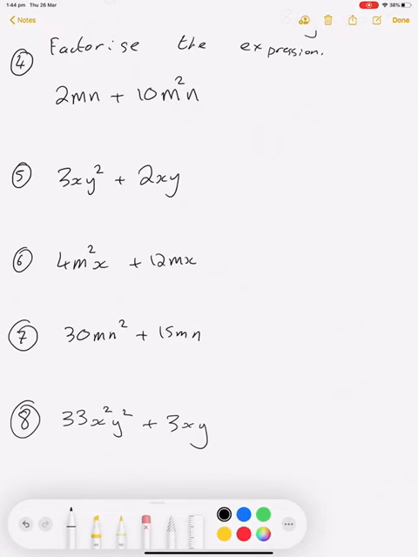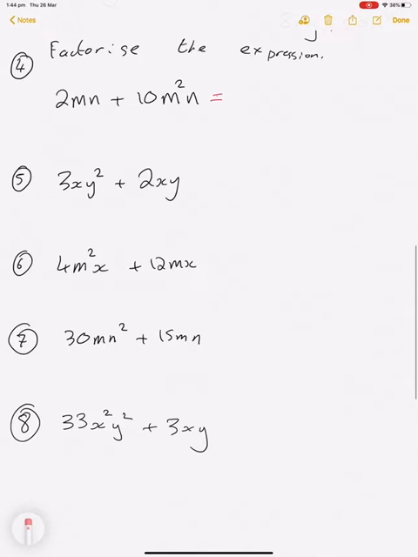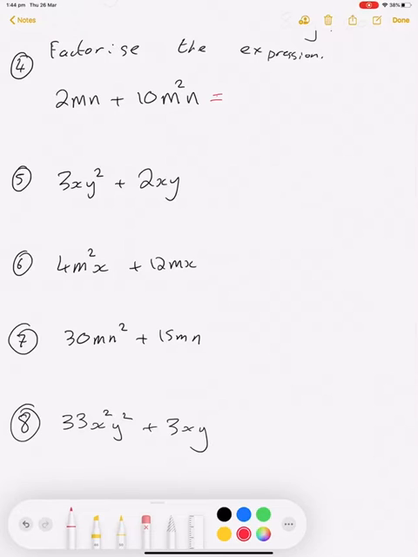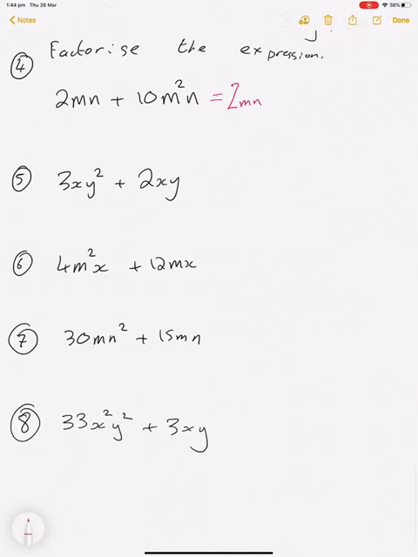Hopefully you can do this by inspection. The highest common factor of 2mn and 10m squared n is 2mn.